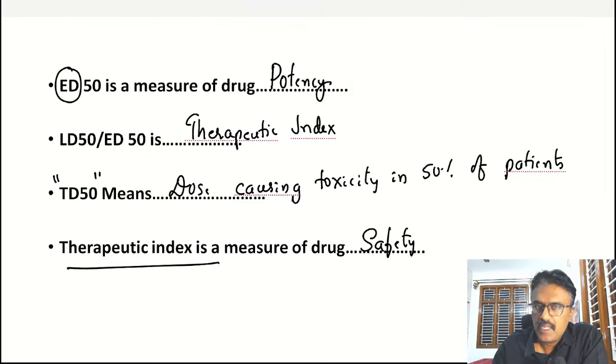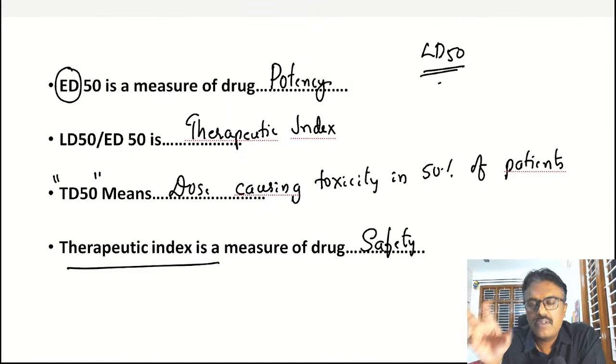Similarly, LD50 is called lethal dose 50, which was asked in FMGE. Lethal dose 50 means the dose required to kill 50% of animals. Both are the same, but TD50 we use for humans and LD50 we use for animals, because we kill animals in experiments. That's why. Okay.